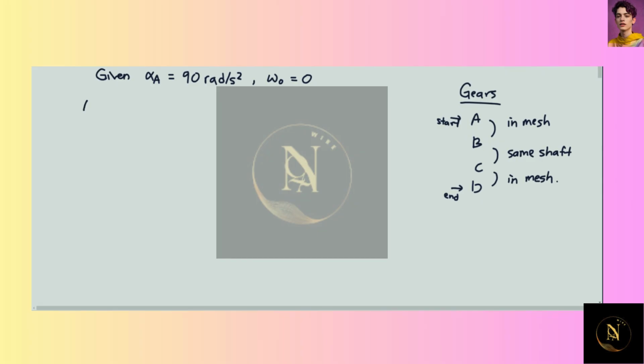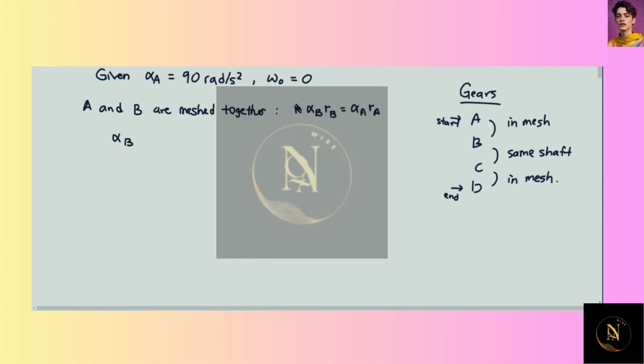A and B are meshed together. This means that to find the angular acceleration of B, we'll be using alpha B RB equals alpha A RA, to find alpha B.